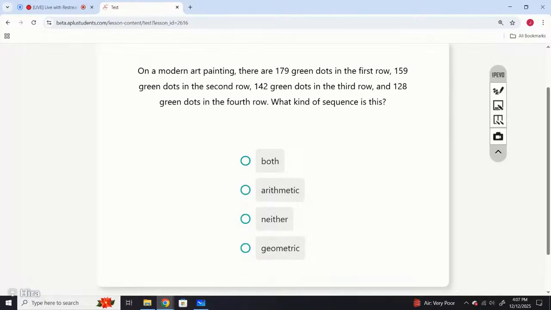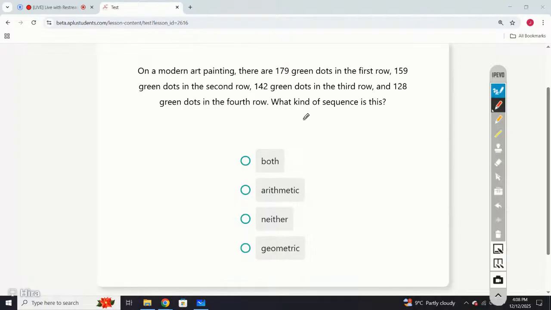What kind of sequence is this? 179, 159, 142, 128.